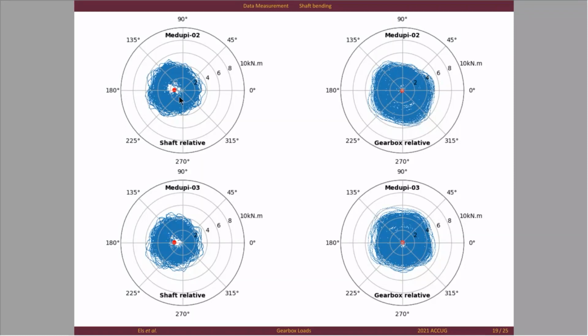And the other thing is, once every maintenance cycle, they tighten those bolts, and if they don't do it in the sequence that the blade manufacturers specify, you can end up changing slightly the angle of attack, and that will increase that unbalance. So it's a sum of mass and aerodynamic unbalance. And you can see, for example, for Medupi, that just that unbalance is about 1 kilonewton meter, which is not ignorable. It is something already.